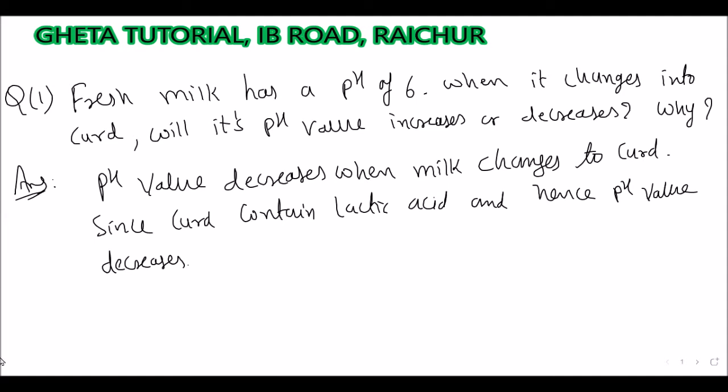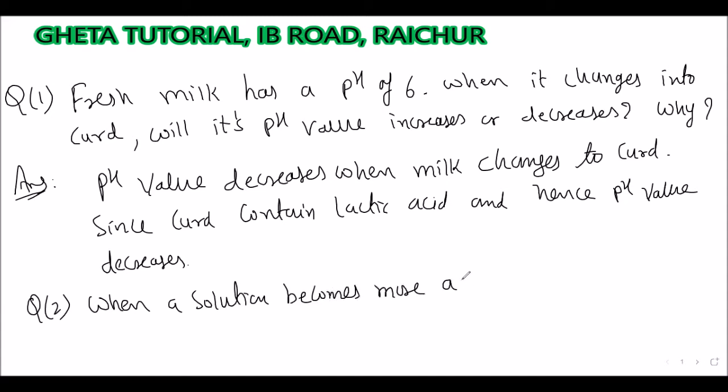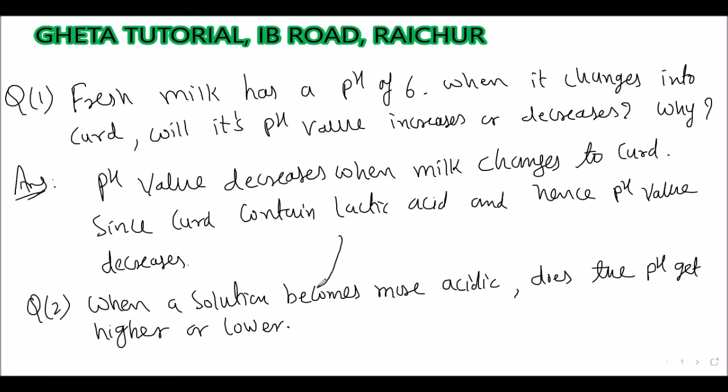Similarly, one more question is asked based on that. When a solution becomes more acidic, does the pH get higher or lower? This question completely depends on what we just explained.